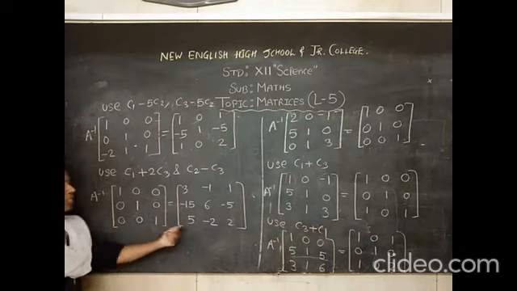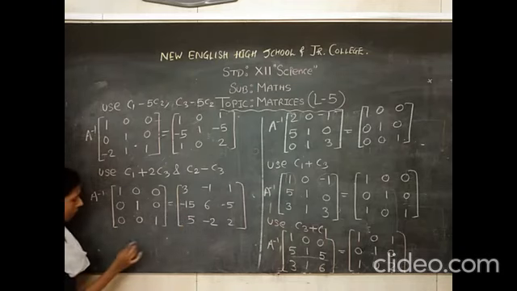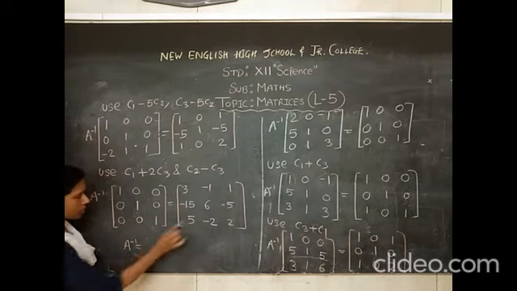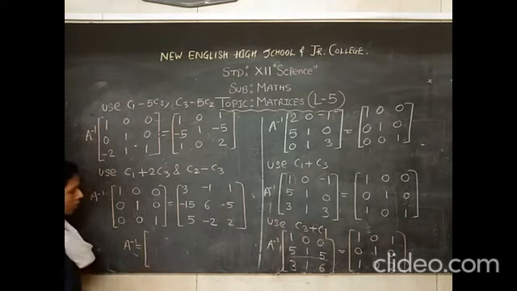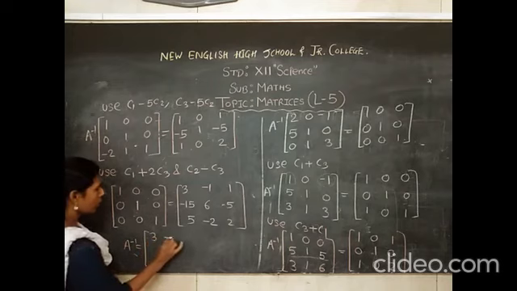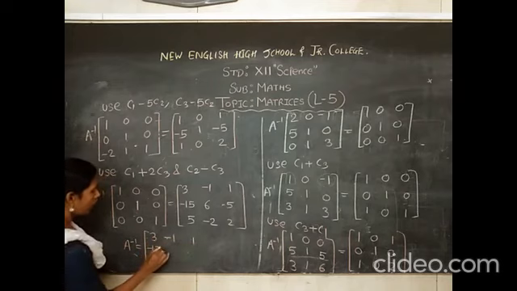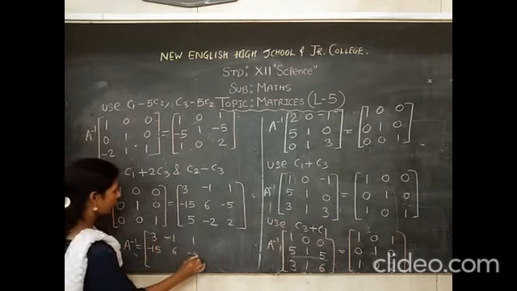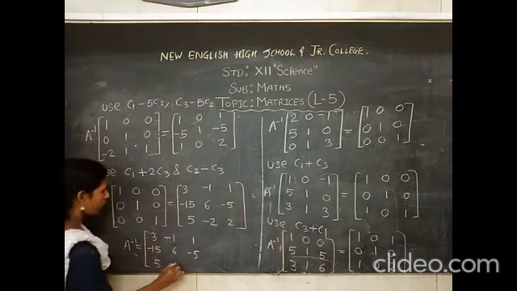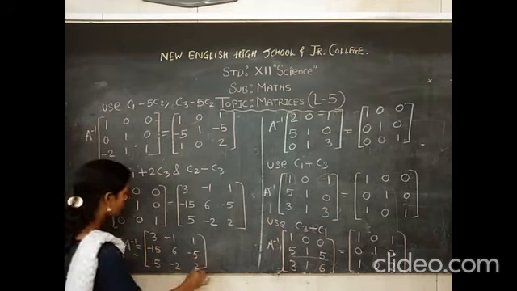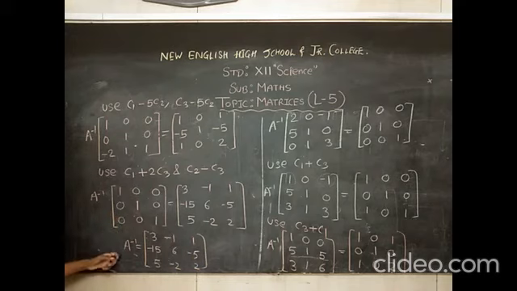Means I can write A inverse equal to this. No place is there, I am directly writing it. Okay children. Thus we have got A inverse equals to 3 minus 1 1, minus 15 6 minus 5, 5 minus 2 2. This is A inverse into I, right? Then we have got A inverse equal to this one.